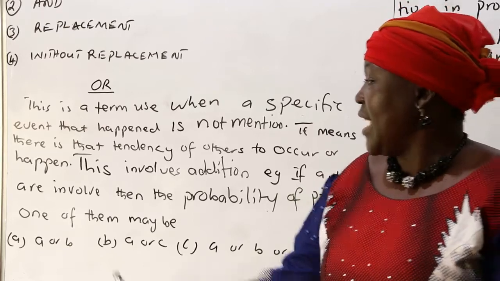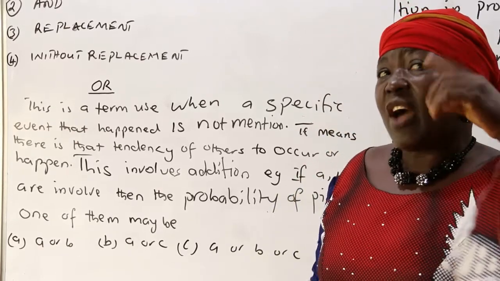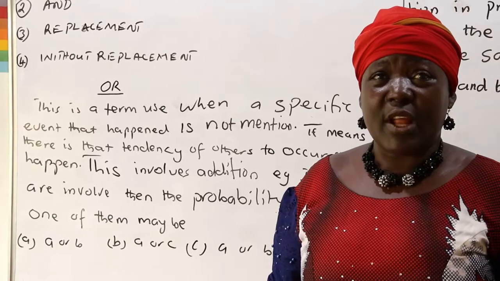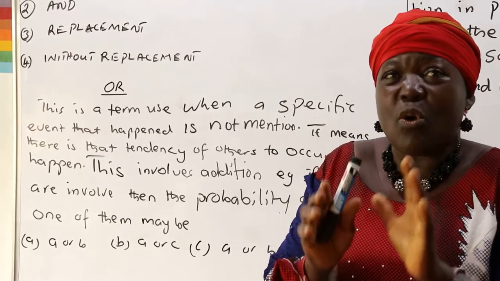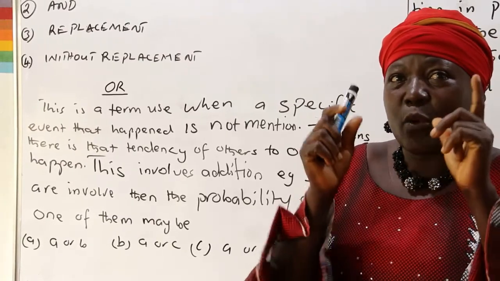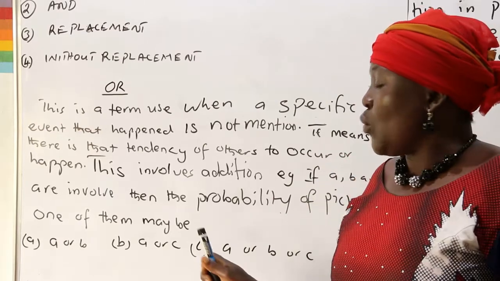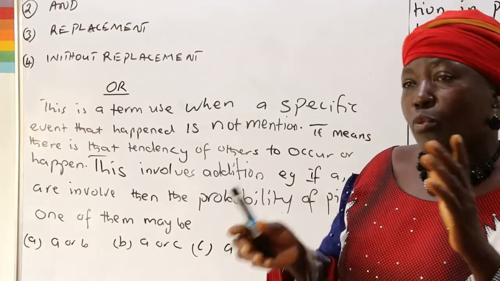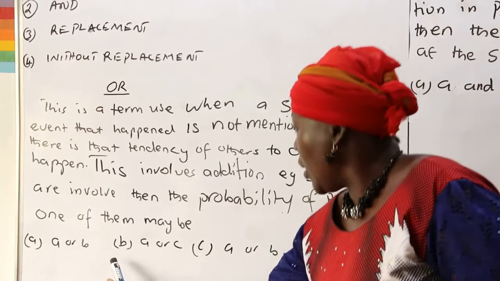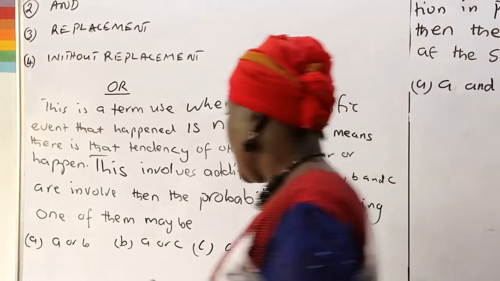But if they only say A, then you reflect to the lesson we did the other time. We depend on only one pick, and the one was mentioned. But here it could be this or that.